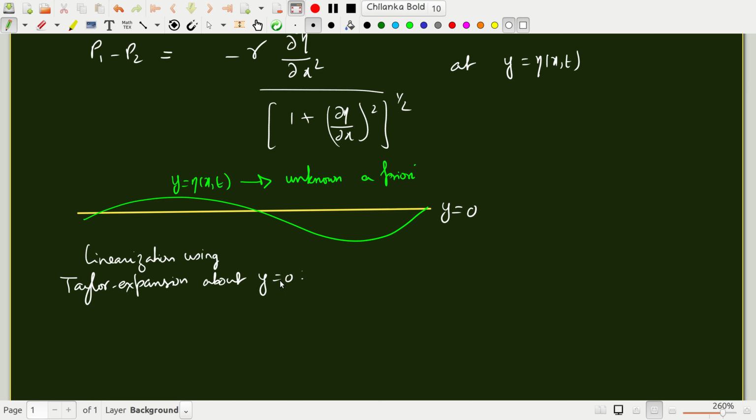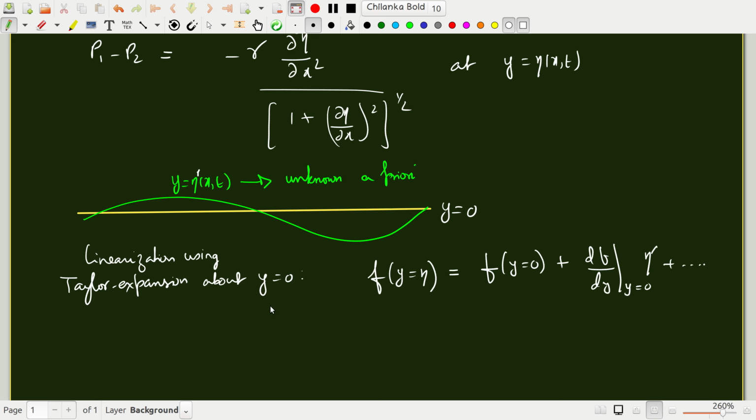So any quantity, for example f evaluated at y equal to η, is written as f evaluated at y equal to 0 plus df/dy evaluated at y equal to 0 times η, let's call it η prime to denote that it is a perturbation, plus so on.